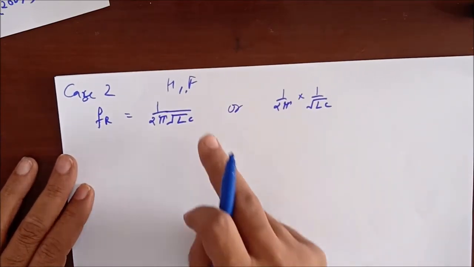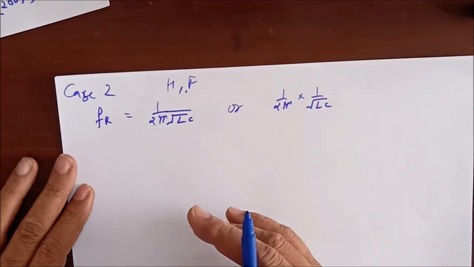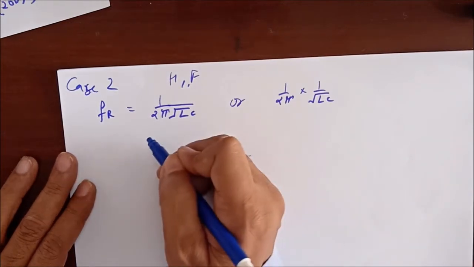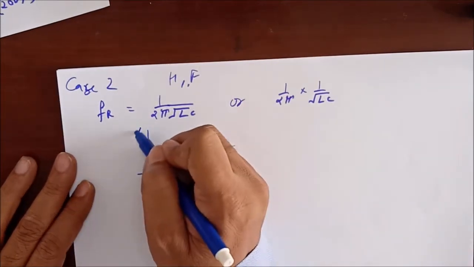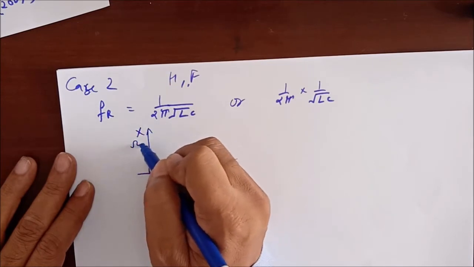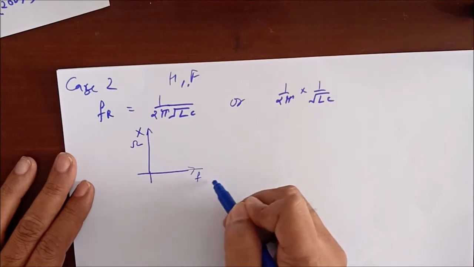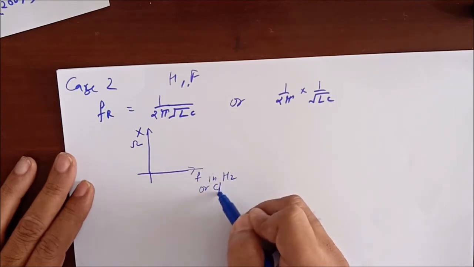But before I go into this formula, first you have to understand the relationship between XL and XC. In this diagram, this is X in ohms, this is frequency in hertz, or I can say cycles per second.